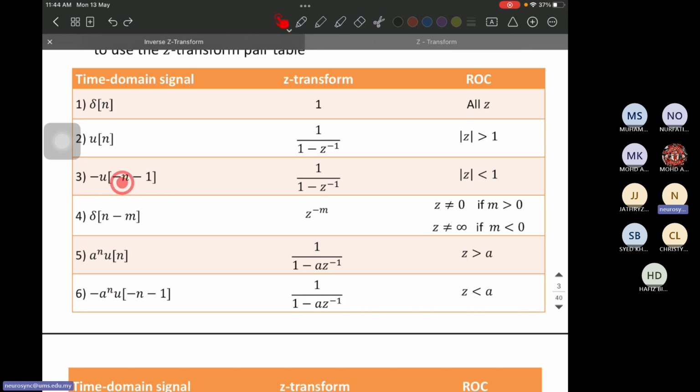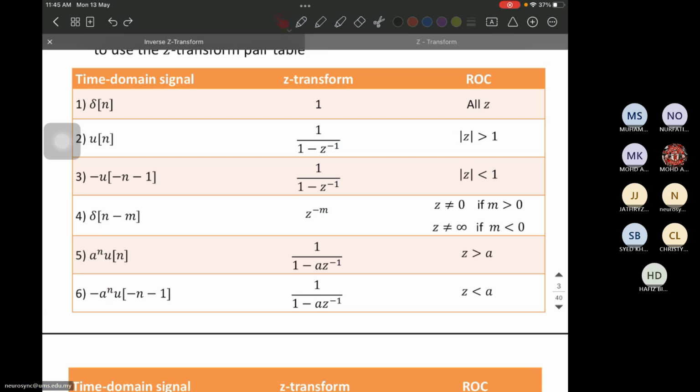In this case the Z transformation is the same, but the region of convergence is mod of z less than 1. You will see the left sided ROC here, or the interior ROC.